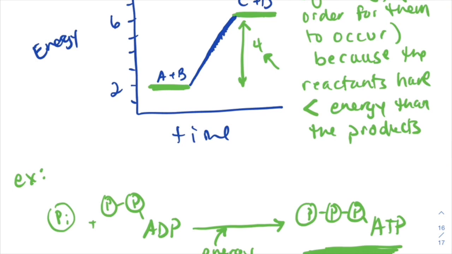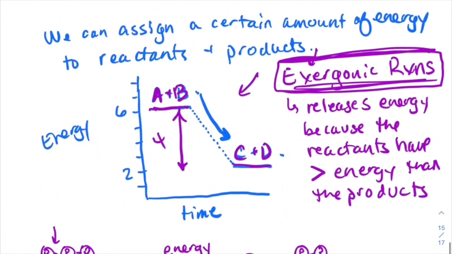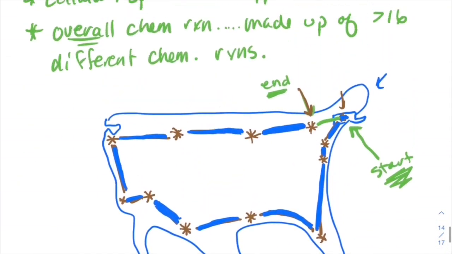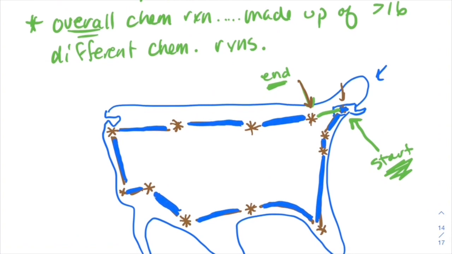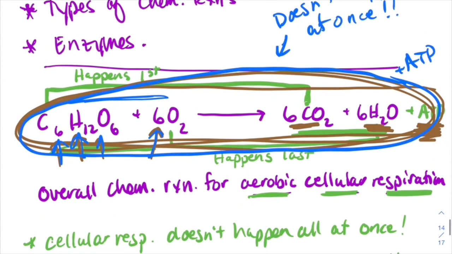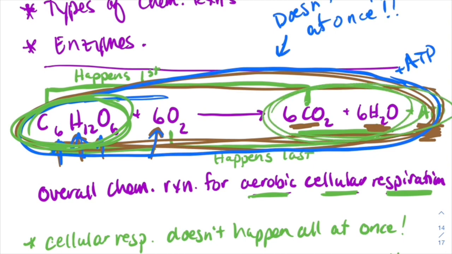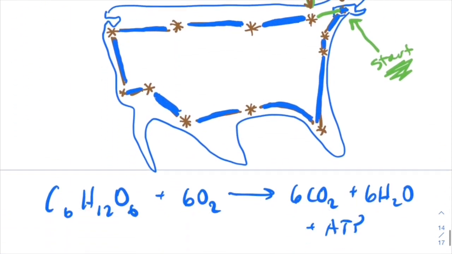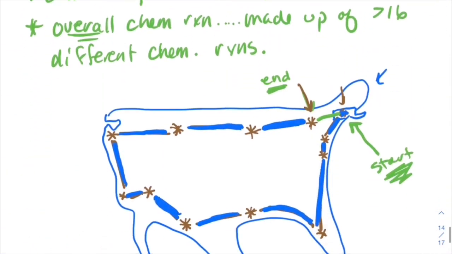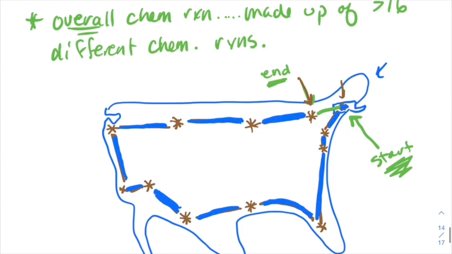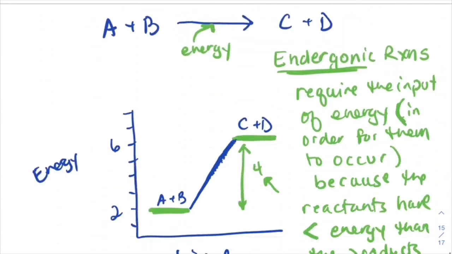Okay, so on the trip, I'm going to scroll back up here. On our road trip, or let's call it the cell's road trip here, of getting from C6H12O6 and 6O2 over here to making CO2 and water and ATP, some of those chemical reactions are going to be exergonic. So some of these side trips are going to take energy and some are going to be an easier ride. Some will release energy. There you go.